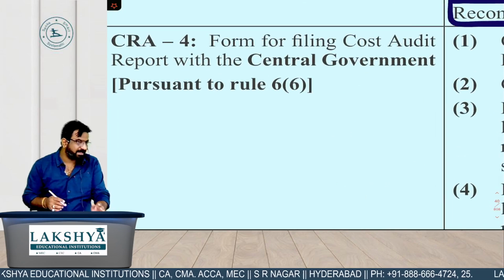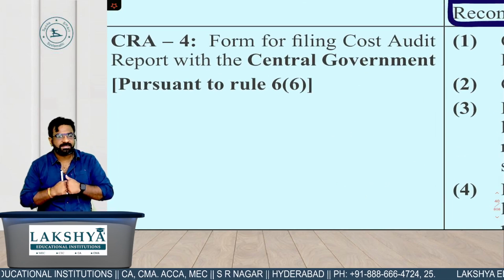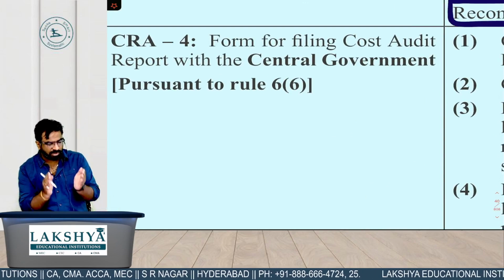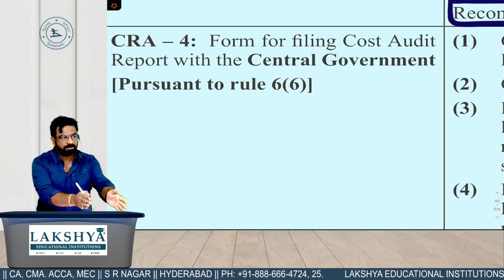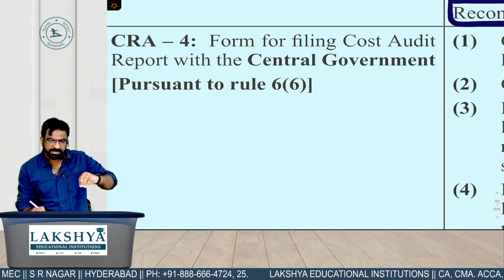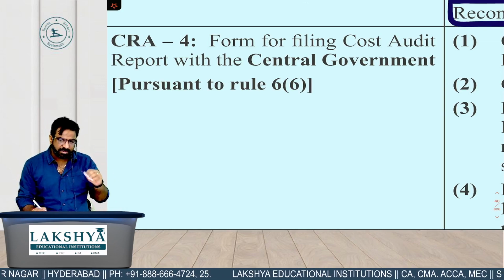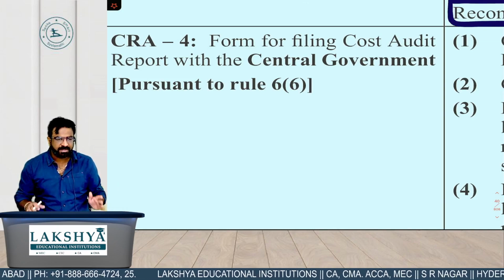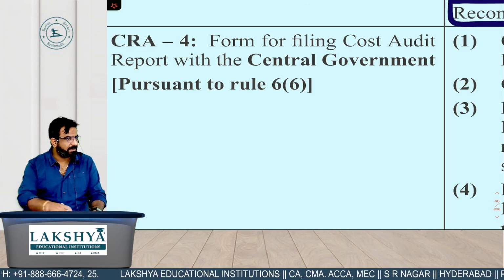You all know what is CRA 4? Once the audit is completed, the cost auditor gives his report to the Board of Directors. He kept some qualifications, reservations and negative remarks, so he requests the management to explain and justify why these things have happened in your organization.